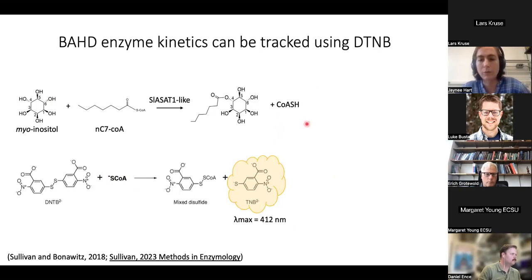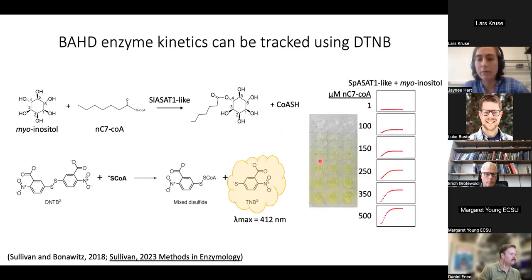So when you do this reaction in vitro, you get a very nice yellow color, and then you can actually get kinetics as well when you use a plate reader, and you can see how with different amounts of NC7-CoA, the velocity of the reaction increases in this classic Michaelis-Menten fashion.